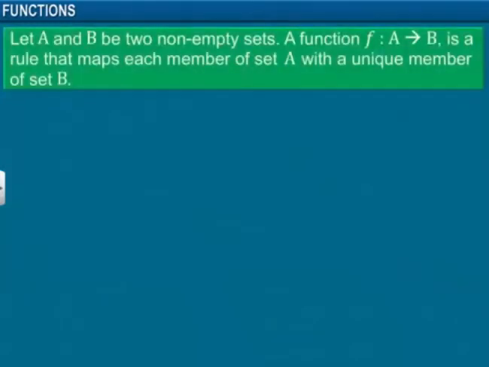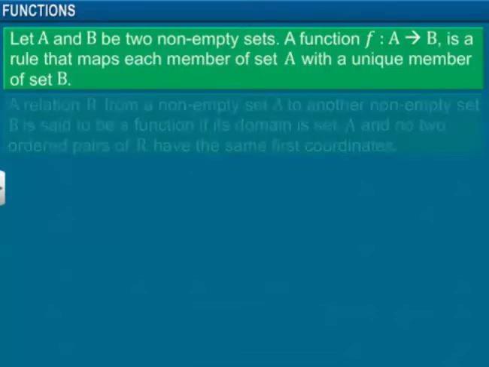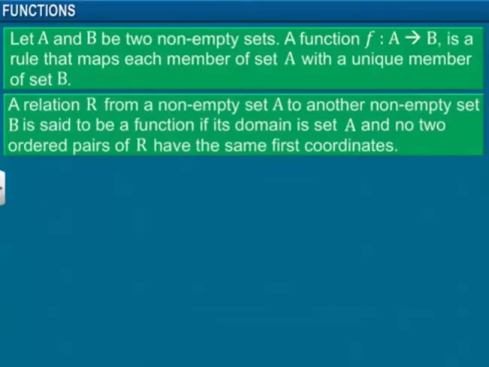Let's now define function mathematically. Let A and B be two non-empty sets. A function f from A to B is a rule that maps each member of set A with a unique member of set B. In other words, a relation R from a non-empty set A to another non-empty set B is said to be a function if its domain is set A and no two ordered pairs of R have the same first coordinates.